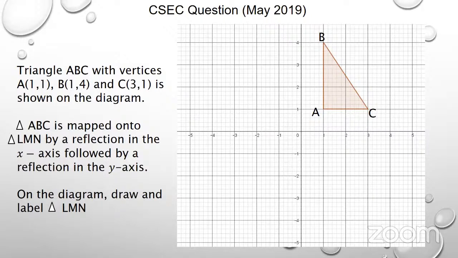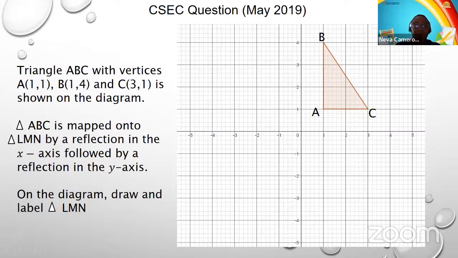So we're going to be drawing the triangle LMN after we have done a reflection in the X-axis followed by a reflection in the Y-axis. And once we have done that, we're going to label the diagram LMN. So let's explore what is going to happen.